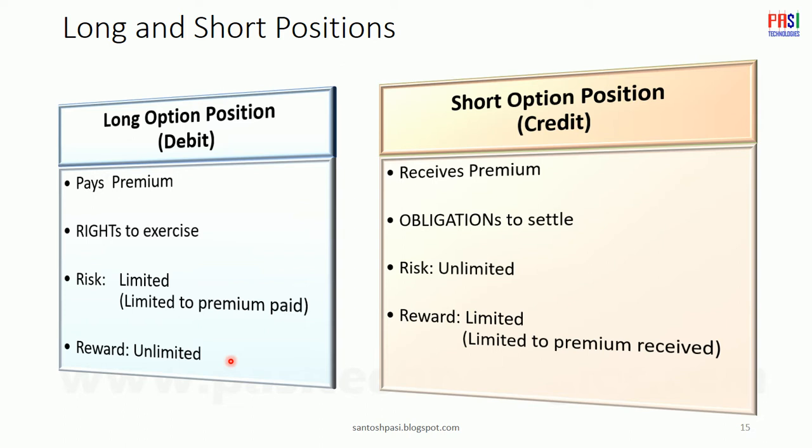In a nutshell, if you see this screen and compare long options versus short options, in theory it looks like long options are better because you have limited risk and unlimited reward, versus in the case of shorting an option, the reward is limited and my risk is unlimited. But when you consider the property market, you'll find that most of the time the builder is in business and is always profitable compared to the buyer.